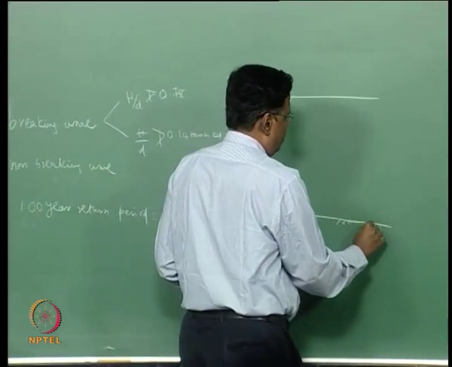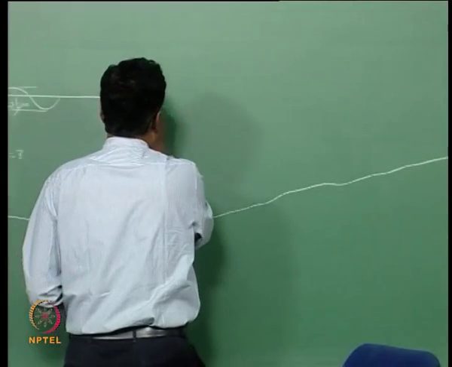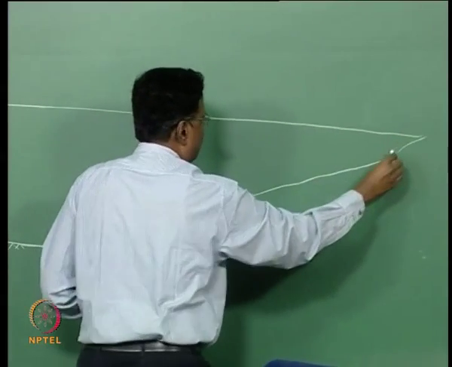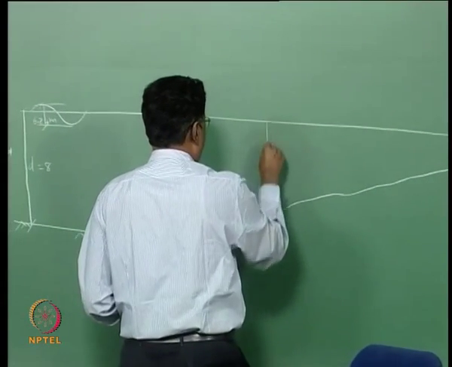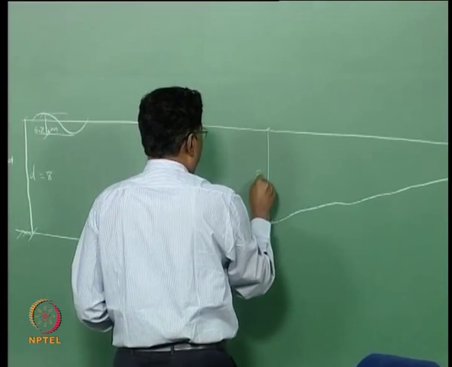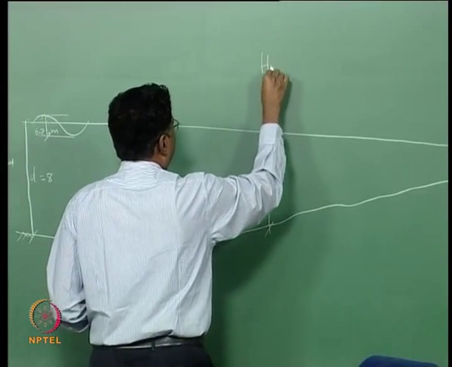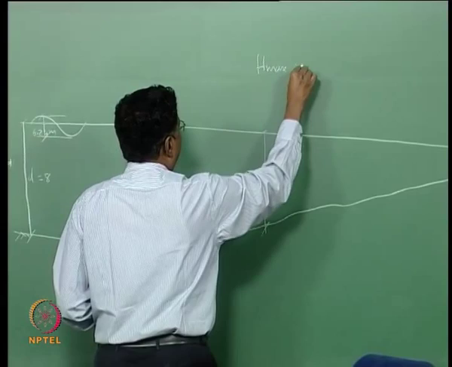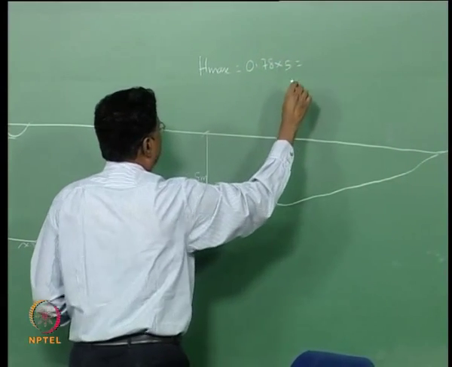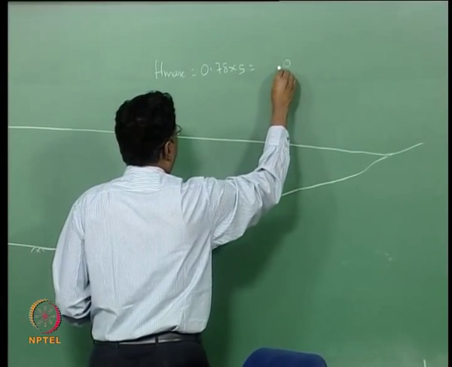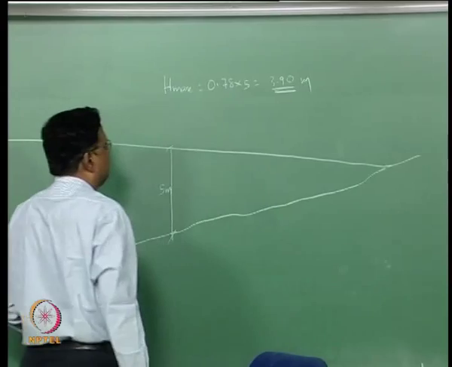Suppose when you go to the coast the water level will go on decreasing. You take a water depth of 5 meter, then what will be your H max? H max will be 0.78 into 5. So this is 3.9 meter.